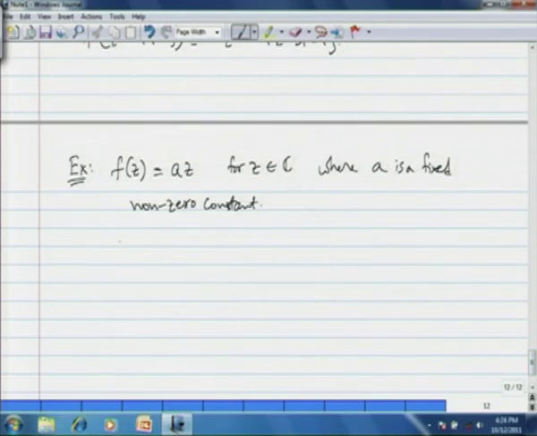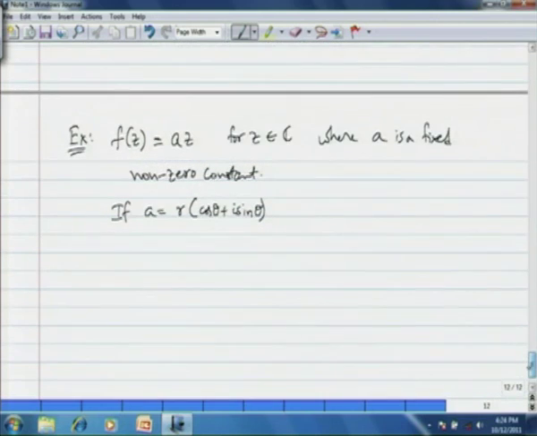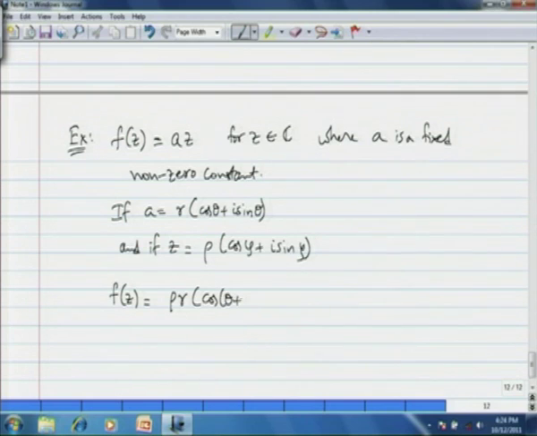So, if a is written as r times cosine theta plus i sin theta, and if z equals some rho times cosine phi plus i sin phi, then f of z is going to be rho r times, we saw this earlier, cosine theta plus phi plus i times sin theta plus phi.